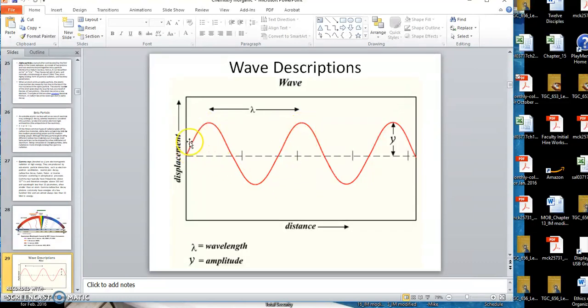The other is the frequency, how fast they travel. And the other is the wavelength, which you see here, lambda. Now, the shorter the wavelength, the faster the frequency. So the shorter the wavelength, the more powerful it is to go through things.